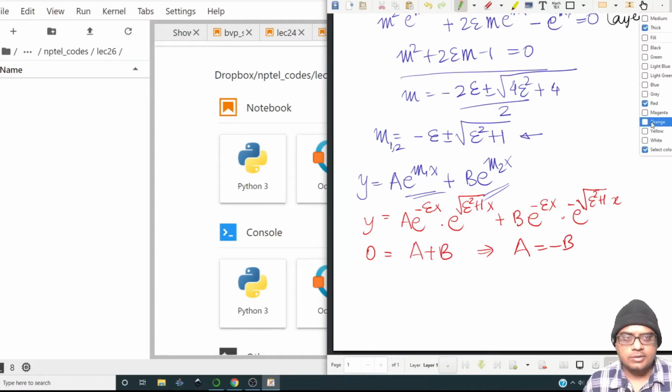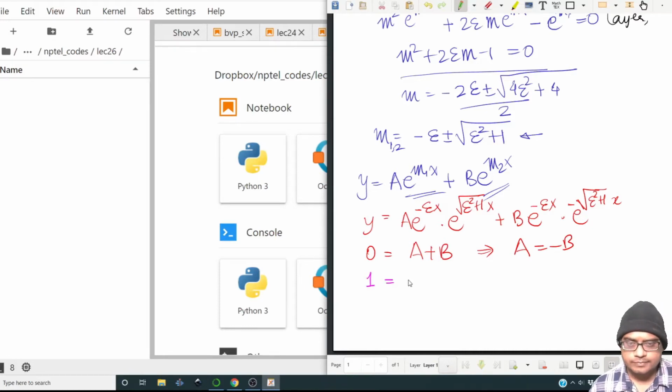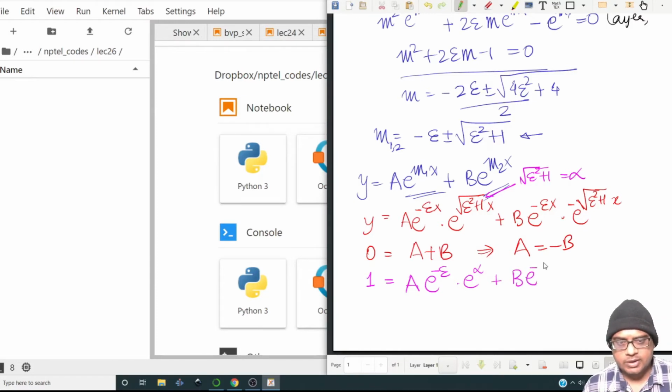For the second condition, 1 is equal to, substituting x equal to 1, a e to the power minus epsilon times e to the power alpha, where let me call the square root of epsilon squared plus 1 as alpha, plus b e to the power minus epsilon times e to the power minus alpha.